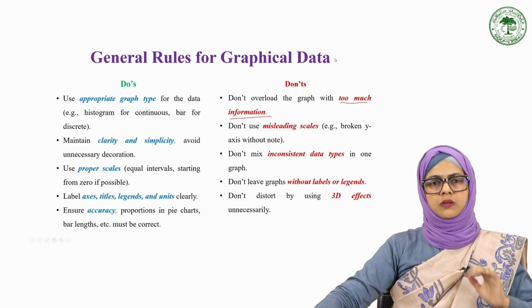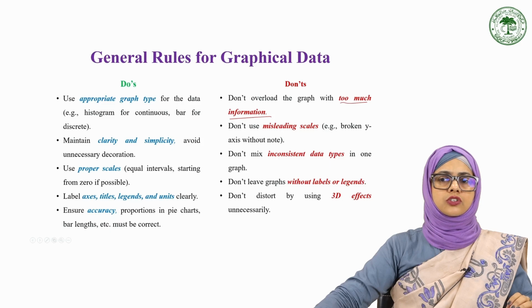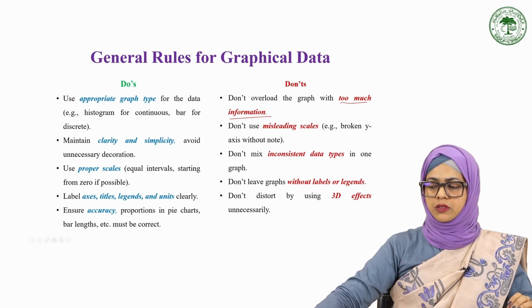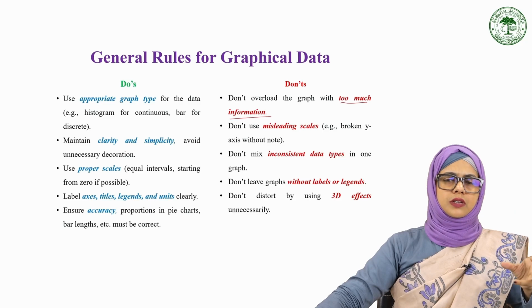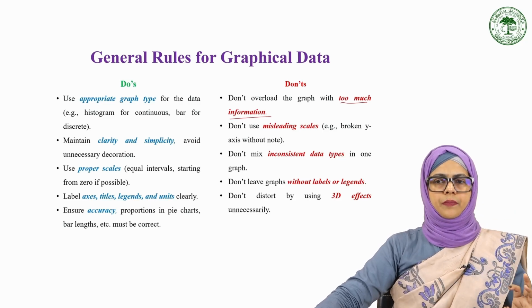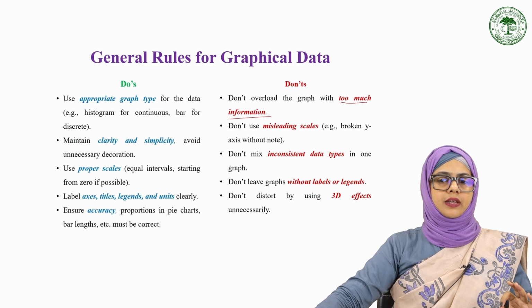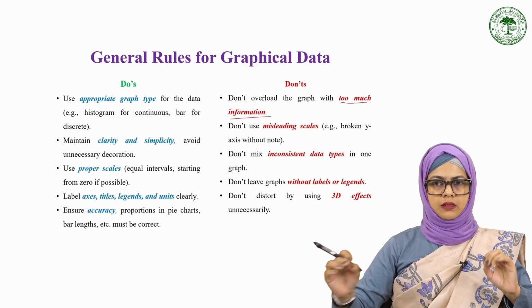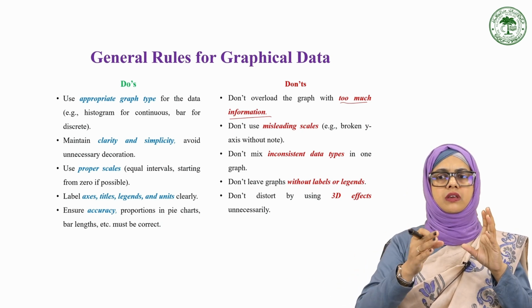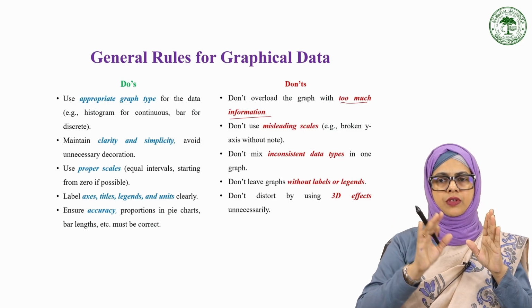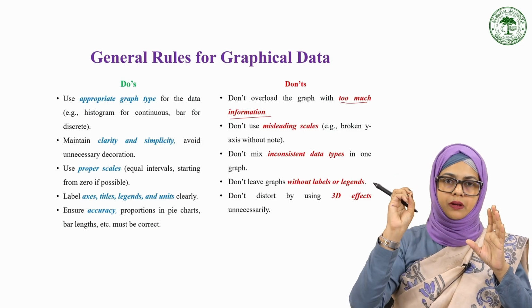So the kind of data that you want to present should be in continuation with the information that you want to show. So don't use percentage along with absolute numbers and so on. Then, don't leave graphs without labels and legends, right? So if it's the literacy rates of male and female, that should be very clearly labeled, right?